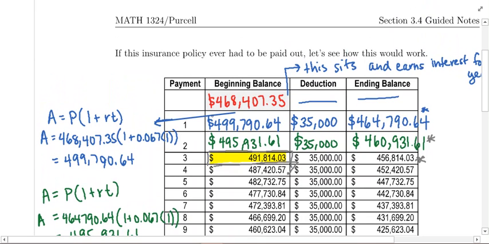So what you can see happens here if you look carefully at this table: we started, and all that had to be initially put in the life insurance account is $468,407.35. And every year that account balance would earn interest and bump up the account value just enough so that it could keep it afloat, so that we would be able to make these $35,000 payments every year for 35 years.